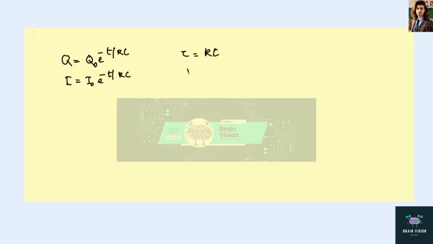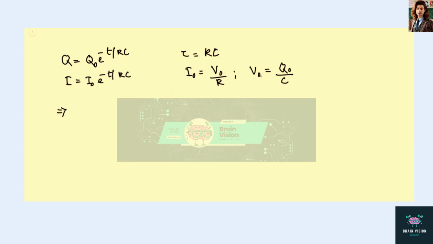Now I naught is equal to V naught over R by Ohm's law. So we plug this over here. But before that, we also know that V naught is Q naught over C by Faraday's law.